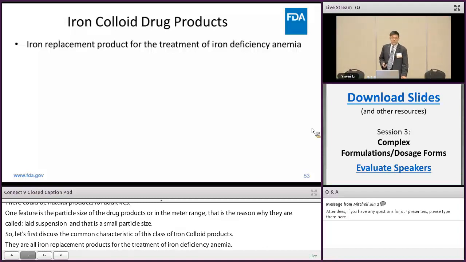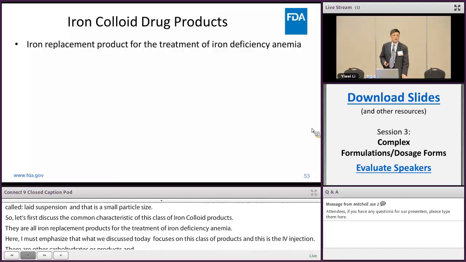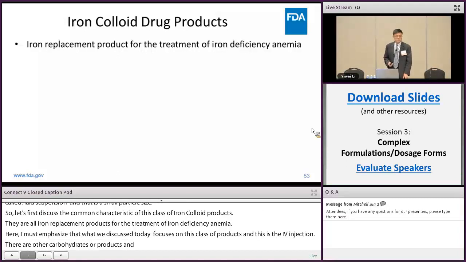There are other iron carbohydrate drug products on the market for other indications with different routes of administration, and it is important to recognize that they are not within today's topic of discussion.